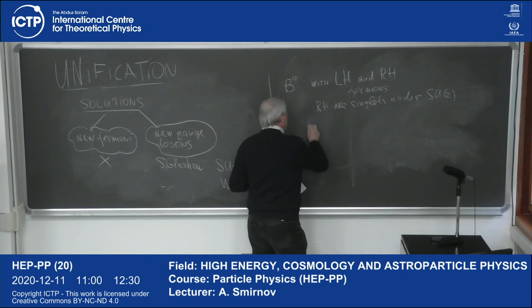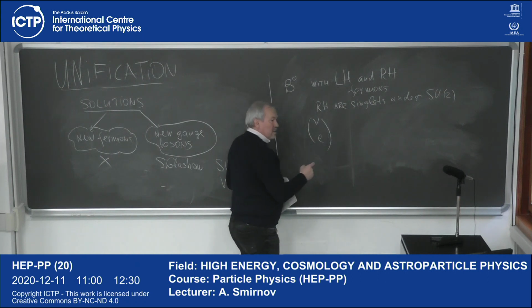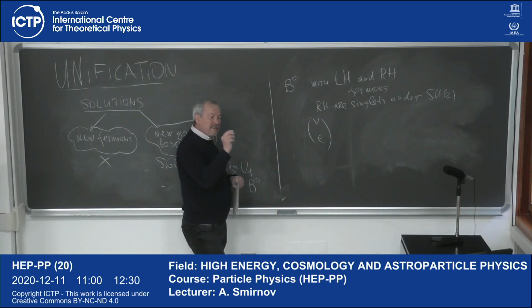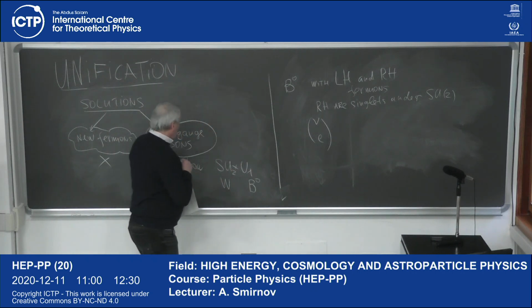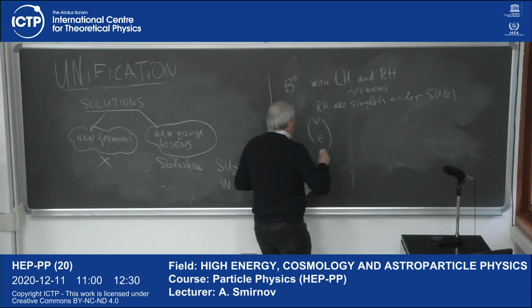So we introduced doublets, right? We have neutrino and electron. And those are left-handed components, because we have this 1 minus gamma 5, and this 1 minus gamma 5 picks up only left-handed components, and right-handed do not participate in the interactions. So right-handed components have no interactions with the W boson.